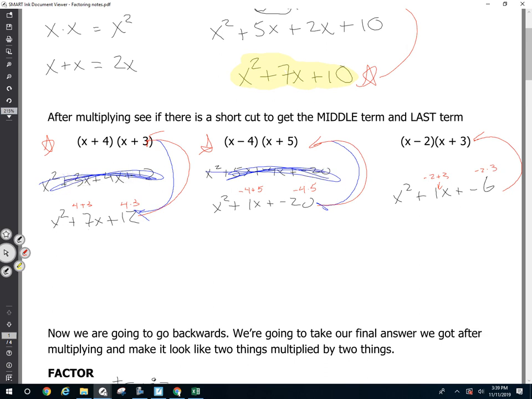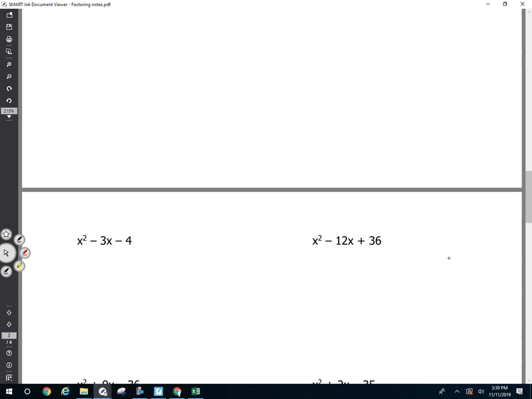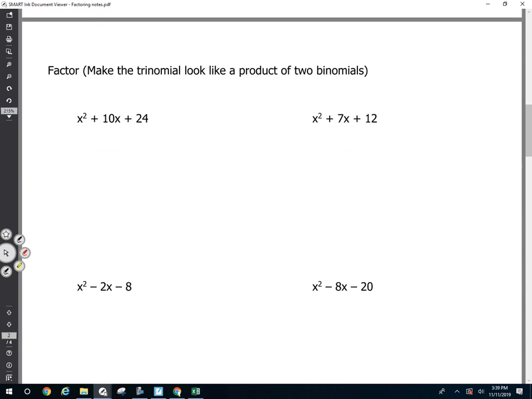Okay? Cool. So all we're going to be doing is understanding that x squared plus some amount of x's plus a number can look like this product of two different things. Knowing that this can look like a product of two different x plus things, all we need to find is the numbers that add to get your middle term and multiply to get your last term.